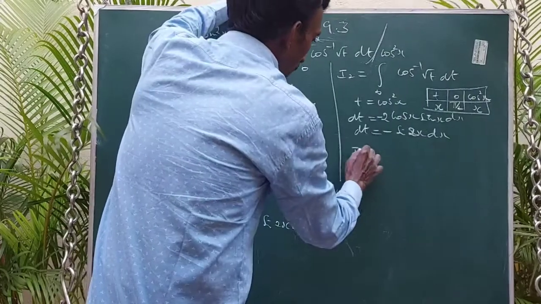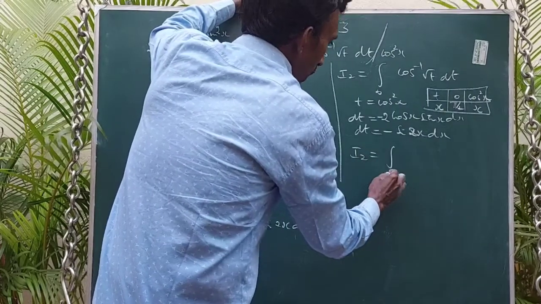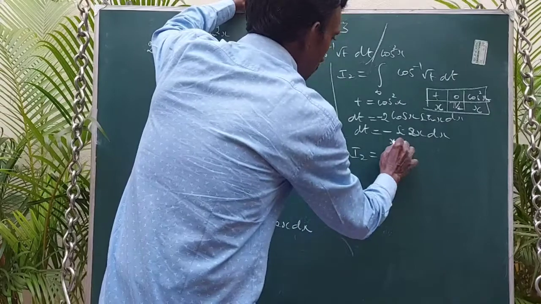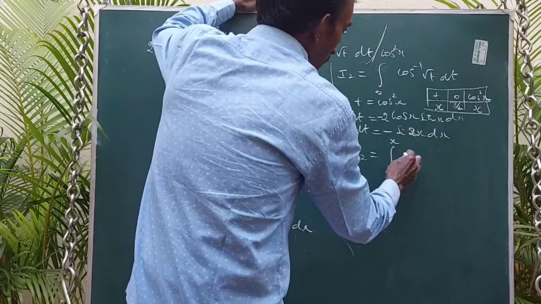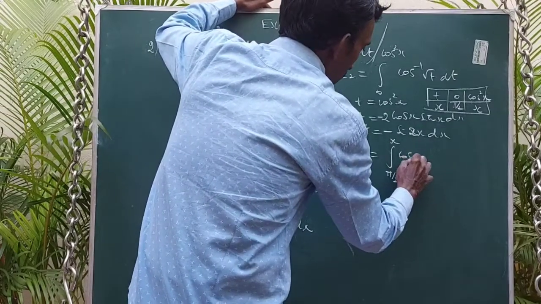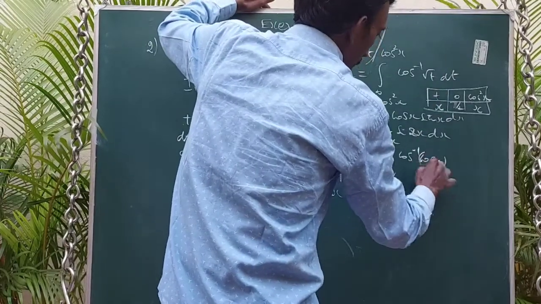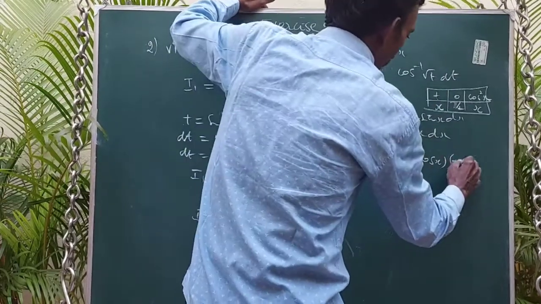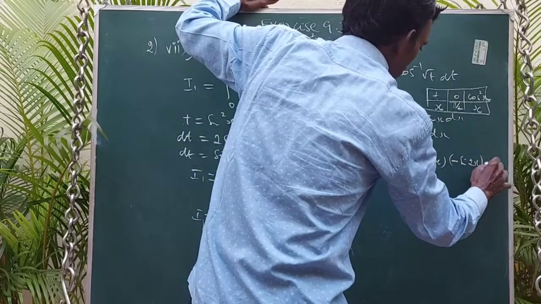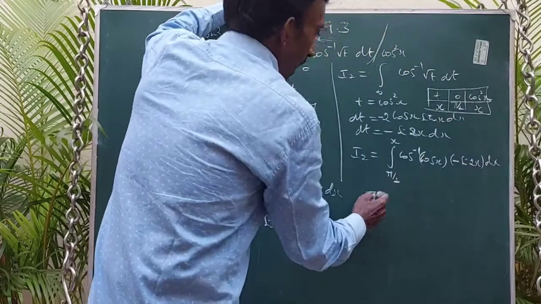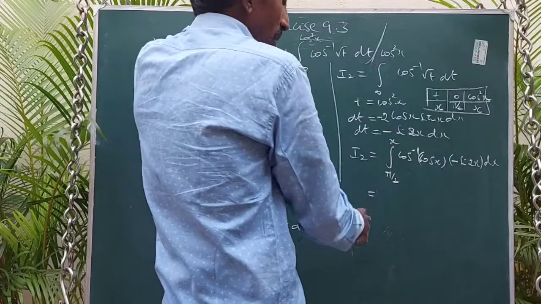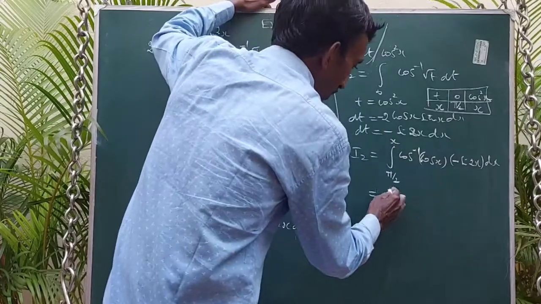So this I2 becomes integral pi by 2 to x, cos inverse of root of cos square is x, into minus sin 2x dx. If we change the limit we are getting a minus, and minus into minus becomes plus.